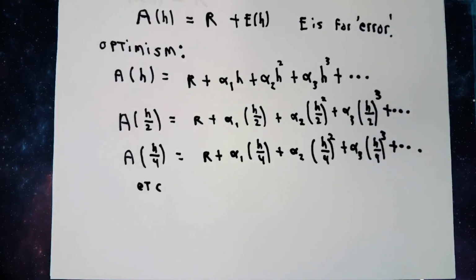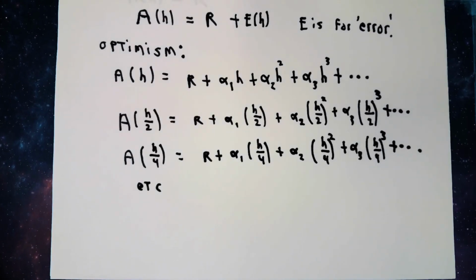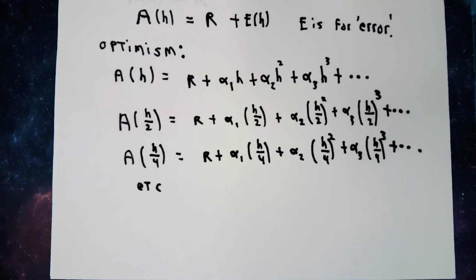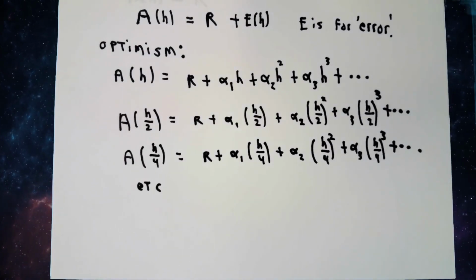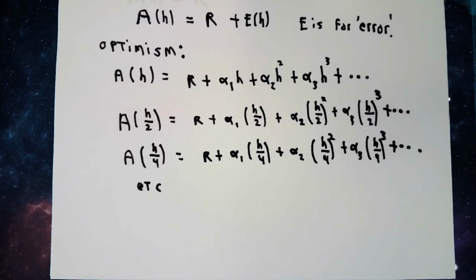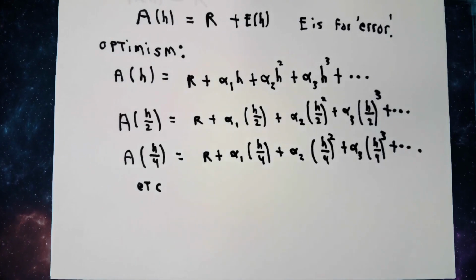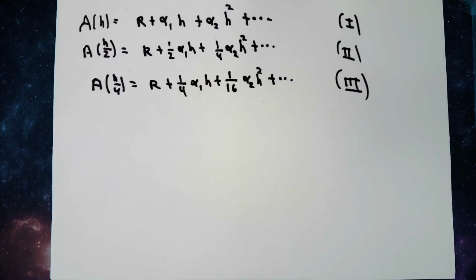I can imagine evaluating the spacing for some value h, and then also evaluating the approximation using half of that spacing, or a quarter of that spacing, or if I wanted 1/8 or 1/16, and so on.